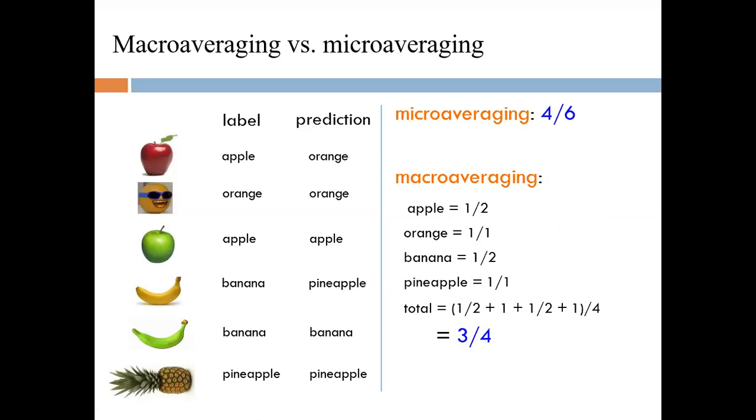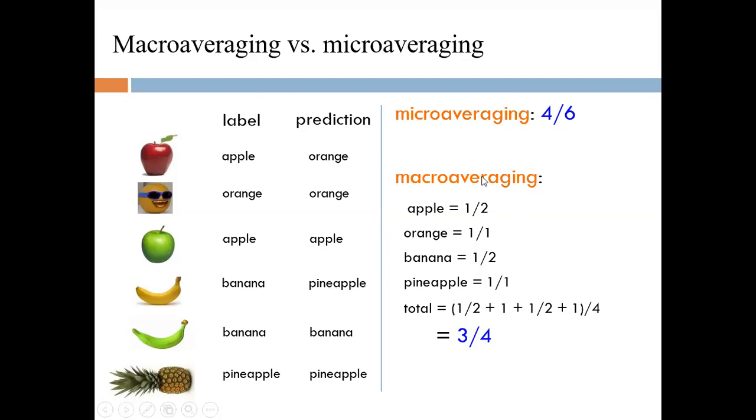So let's find the accuracy using these two concepts for the same example. We know that the total number of instances is 6 and micro averaging is the average over the samples. So 4 instances are correctly classified out of 6 instances. So that gives me the micro averaging accuracy of the multi-class classifier.